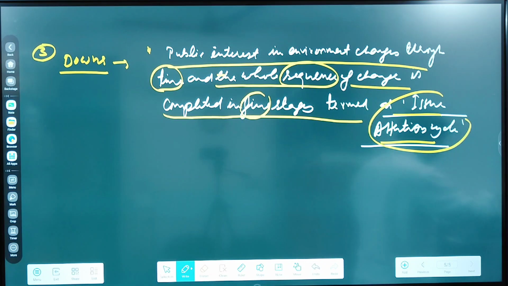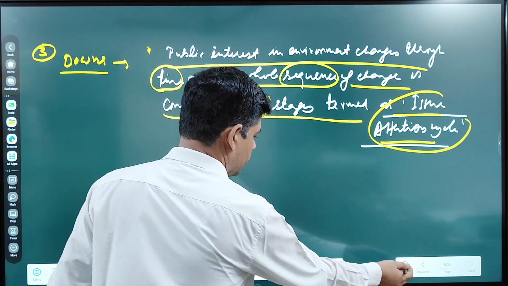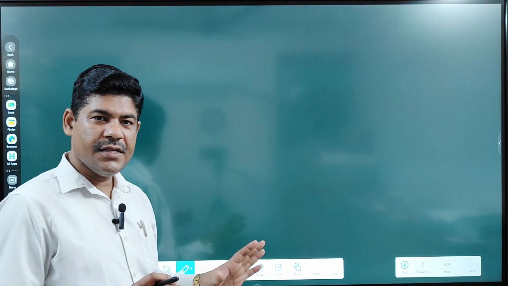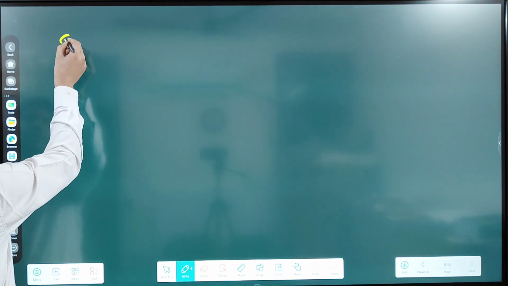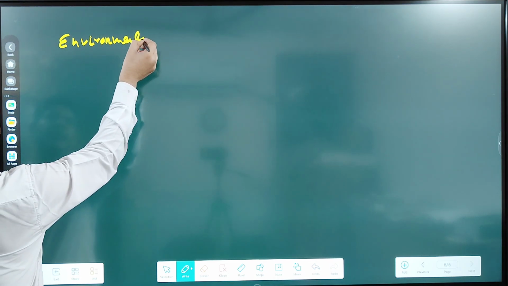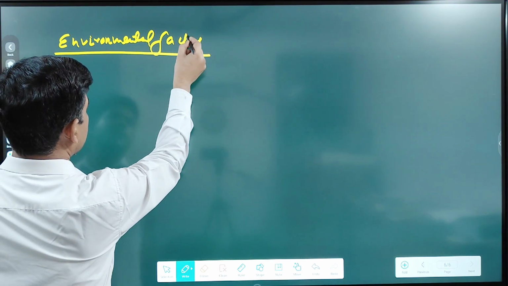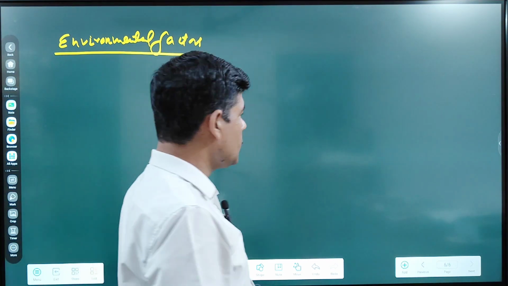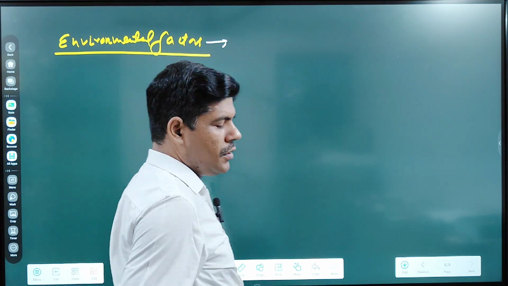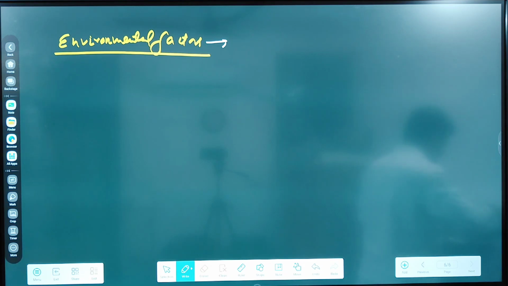So next we have to discuss the environmental factors. Is it easy or not? These are simple terms.